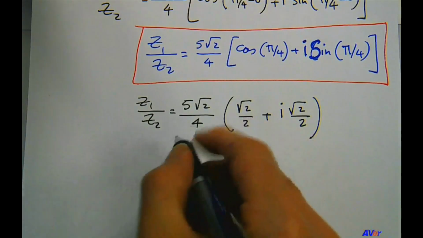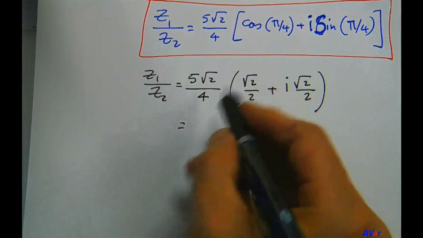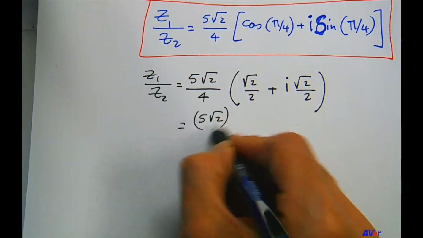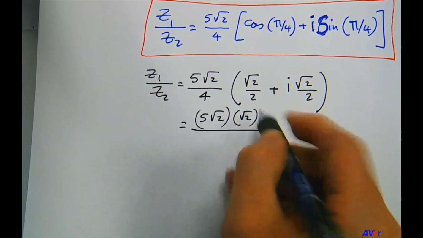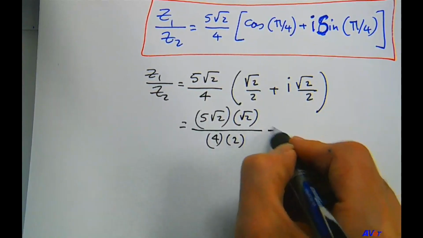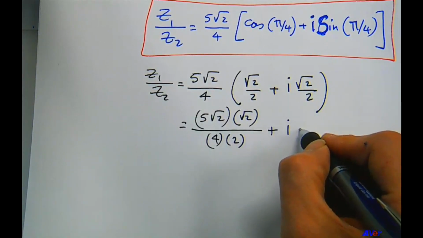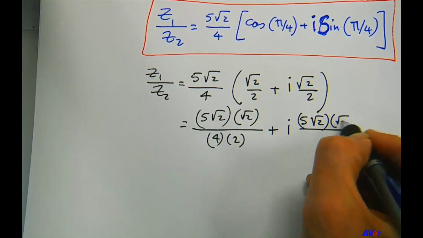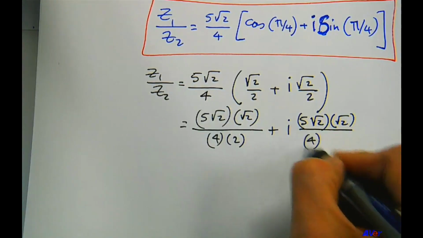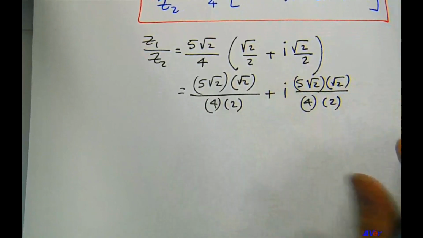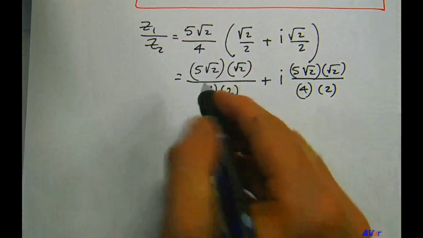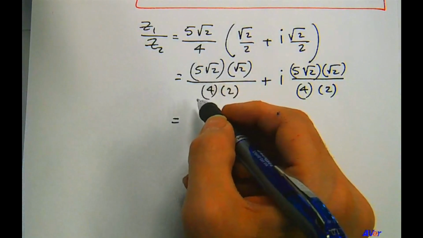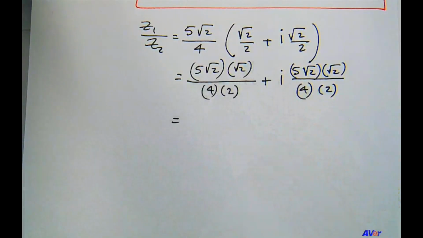And so continuing with this, let's distribute. We have 5 square root of 2 times square root of 2 over 4 times 2, plus i times 5 square root of 2 times square root of 2 over 4 times 2. So, we should simplify.